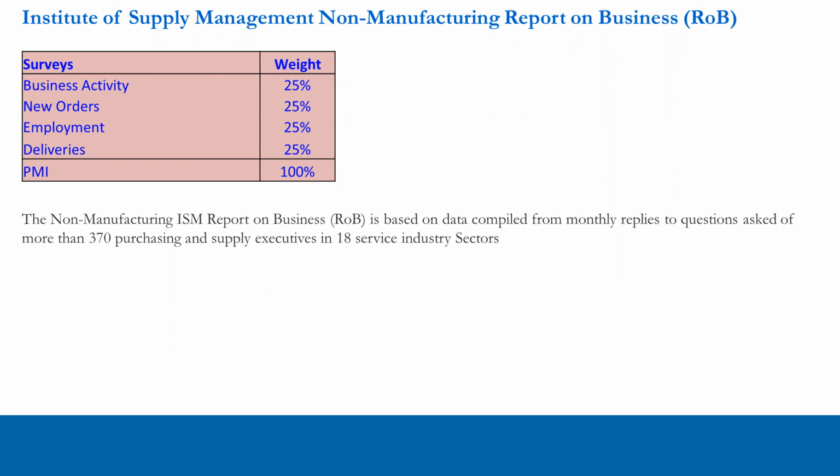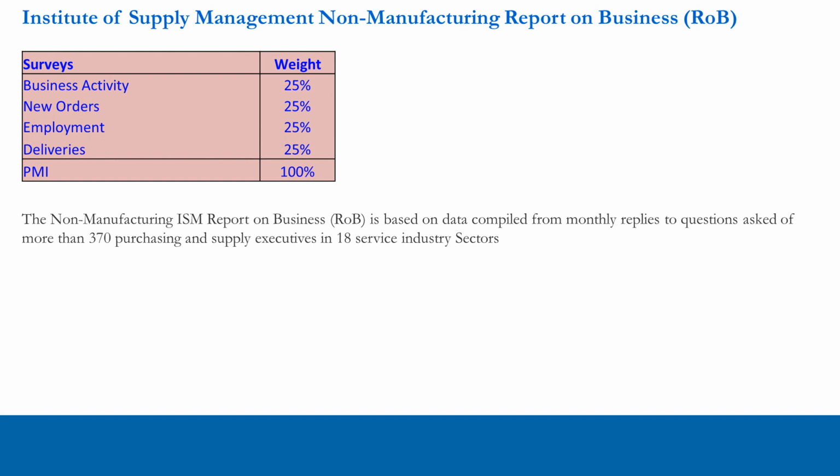Now, the NMI has 4 areas that make up the composite index. So there are 4 components with an equal weighting of 25% that make up the aggregate ISM non-manufacturing index.